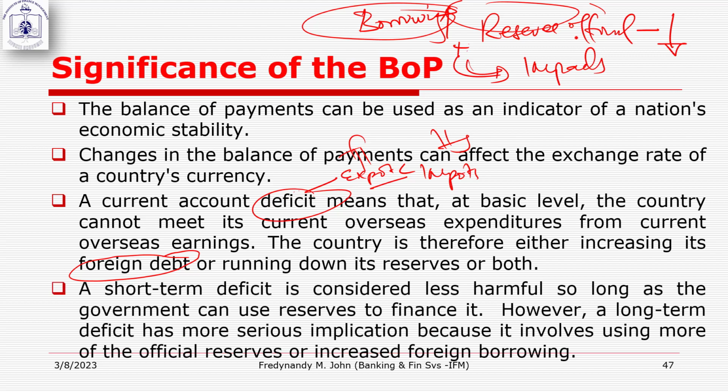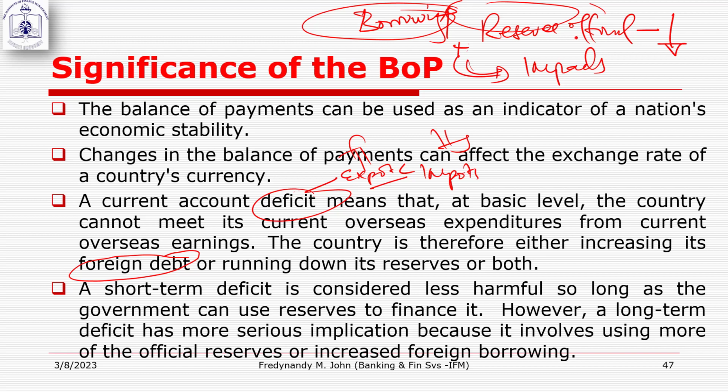A short-term deficit is considered less harmful so long as the government can use the reserve to finance it. However, a long-term deficit has more serious implications because it involves using more of the official reserve or increasing the foreign borrowing.